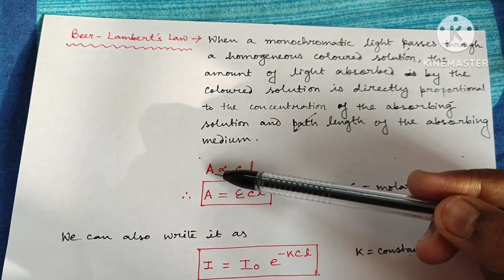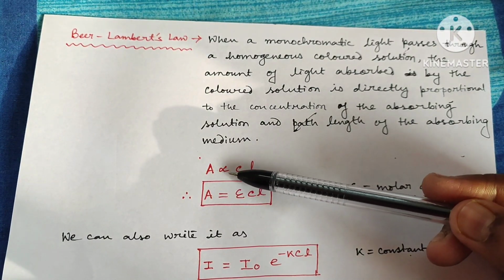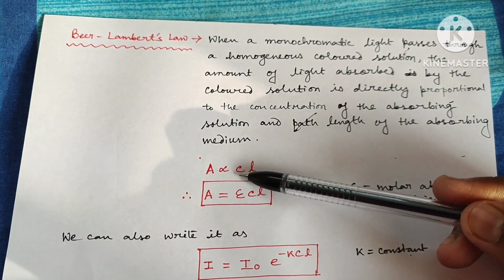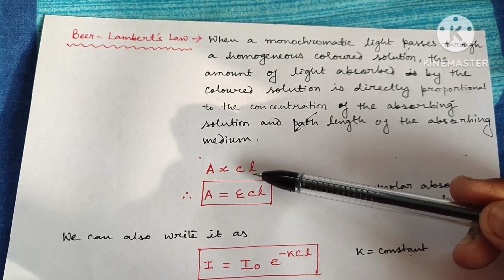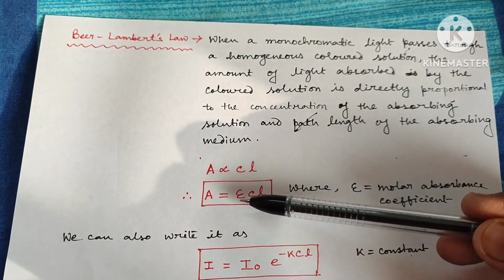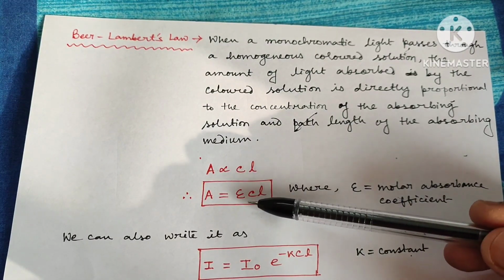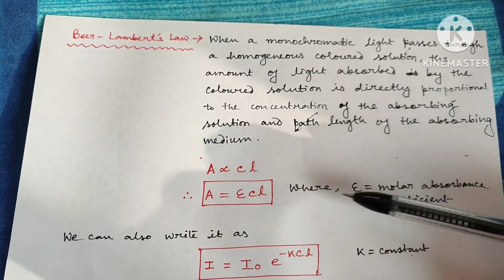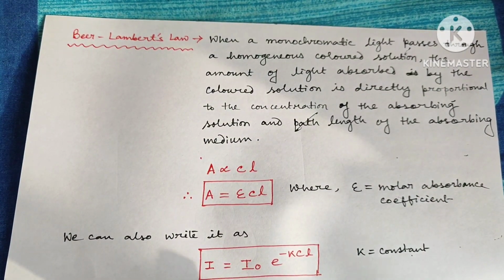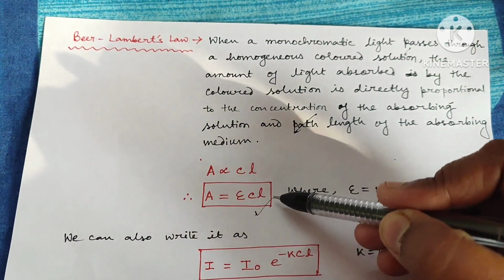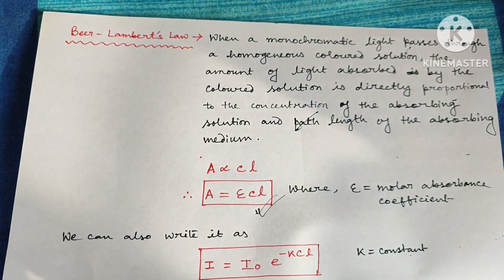So absorbance will be directly proportional to the concentration of your colored solution and the length of the absorbing medium. So A equal to epsilon C L, where epsilon is the molar absorbance coefficient. So this is the equation of Beer-Lambert's law.